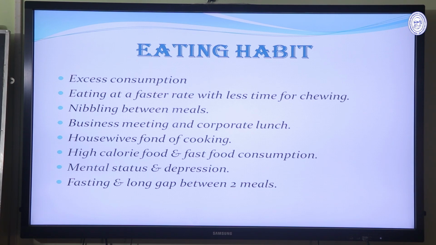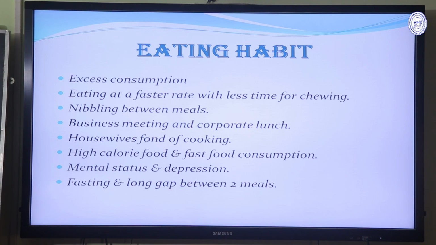Eating at a faster rate with less timing for chewing ultimately inhibits the satiety center present in the hypothalamus, by which we can increase our consumption more and more we eat. Nibbling between 2 meals actually increases the calorie consumption.